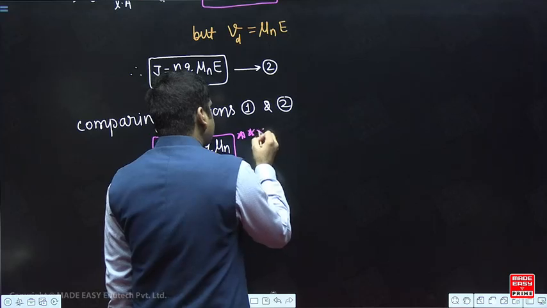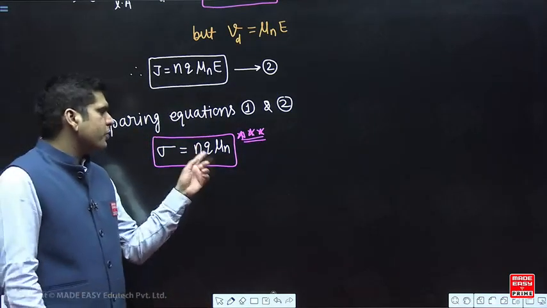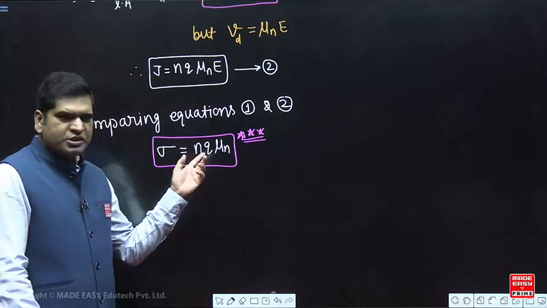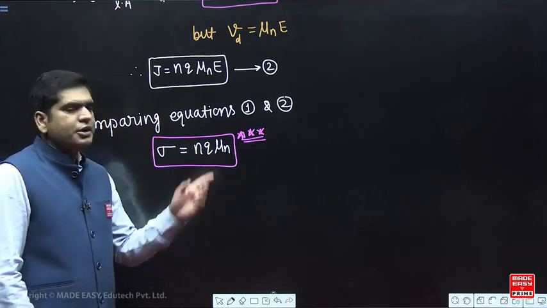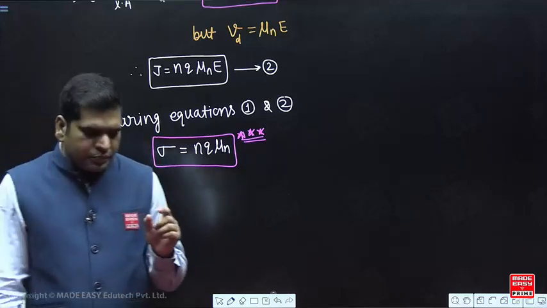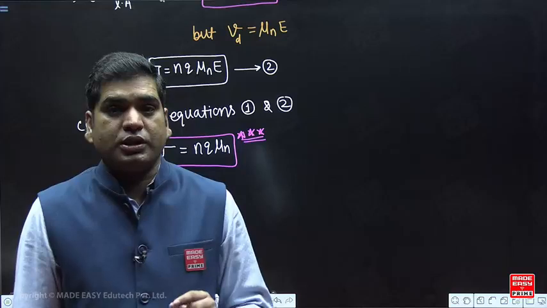Here one important observation should be made. Conductivity depends on two factors. q is constant, 1.6 into 10 raised to the power minus 19. Conductivity depends on n and mu n. So on the basis of only electron concentration, you should not comment about the conductivity.